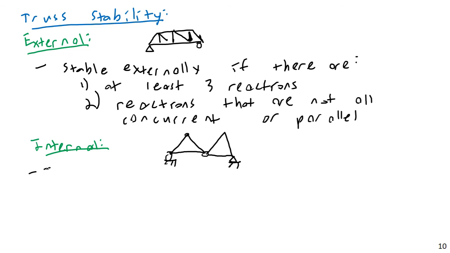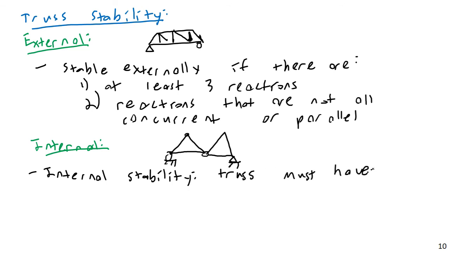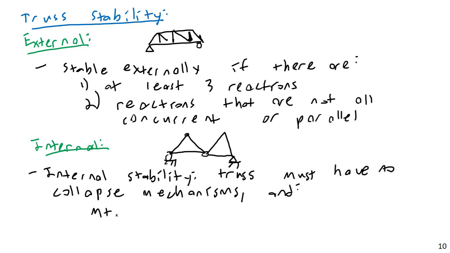For internal stability, a truss must have no internal collapse mechanisms. No collapse mechanisms, and if M plus R is less than 2J, it's going to be unstable.